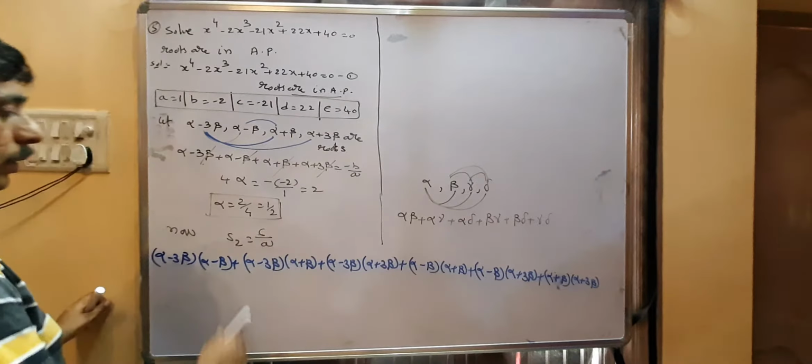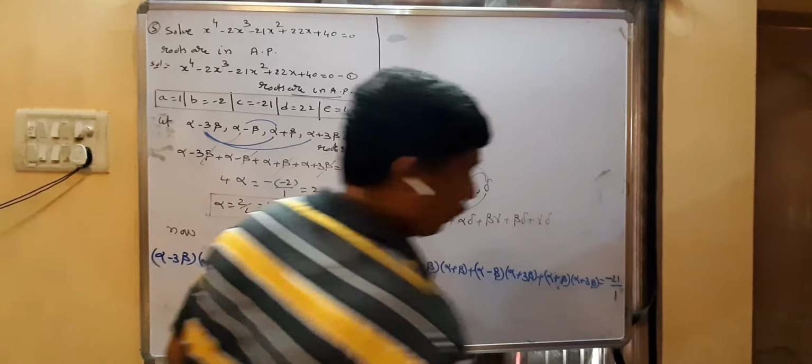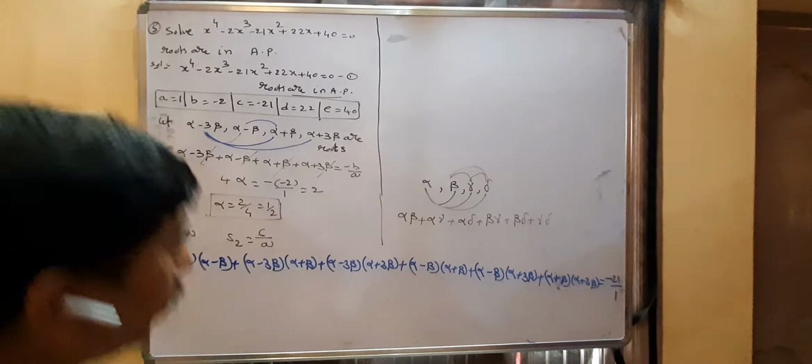The value is C by A. C is minus 21 by 1.